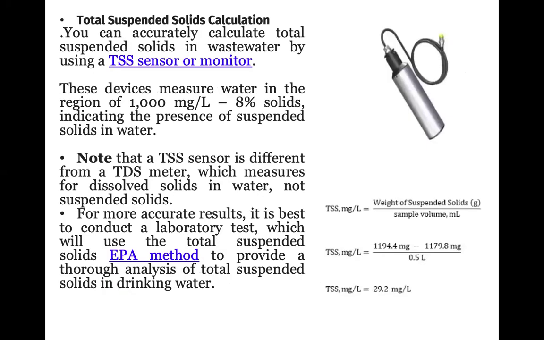And here also, they have probes. These days, these probes are so widely available, but they can also be determined experimentally, as you can see. In much the same way, we take a given volume of water and filter it using a filter paper.